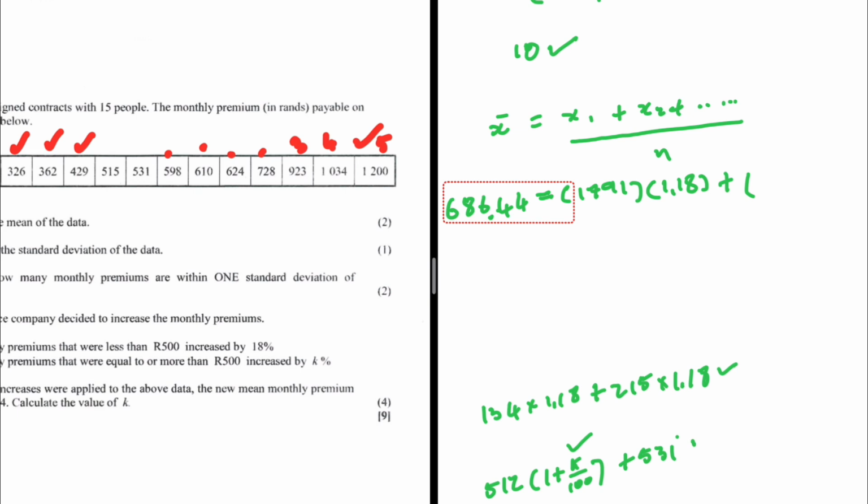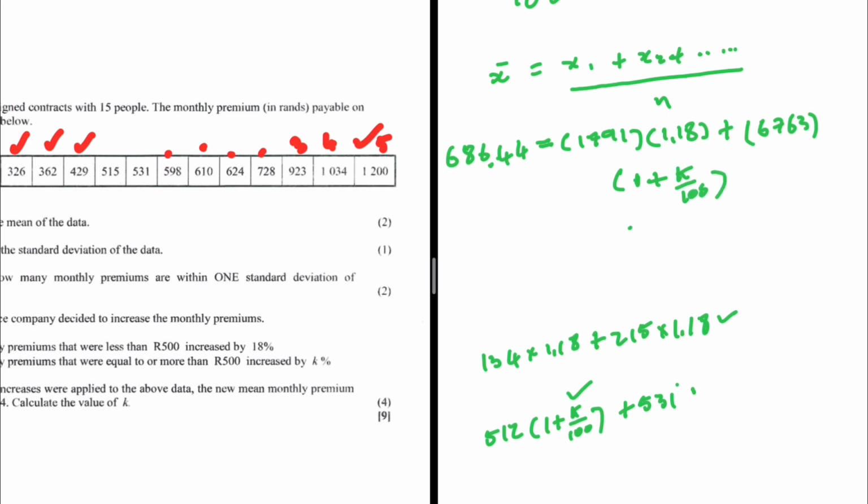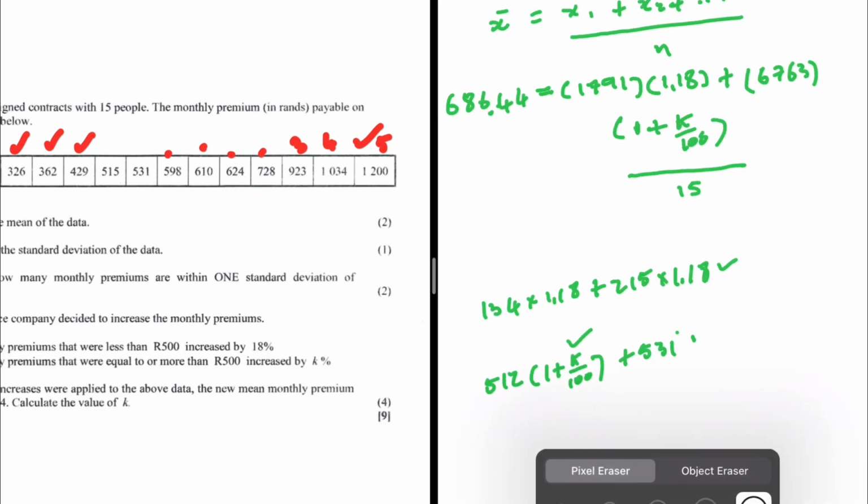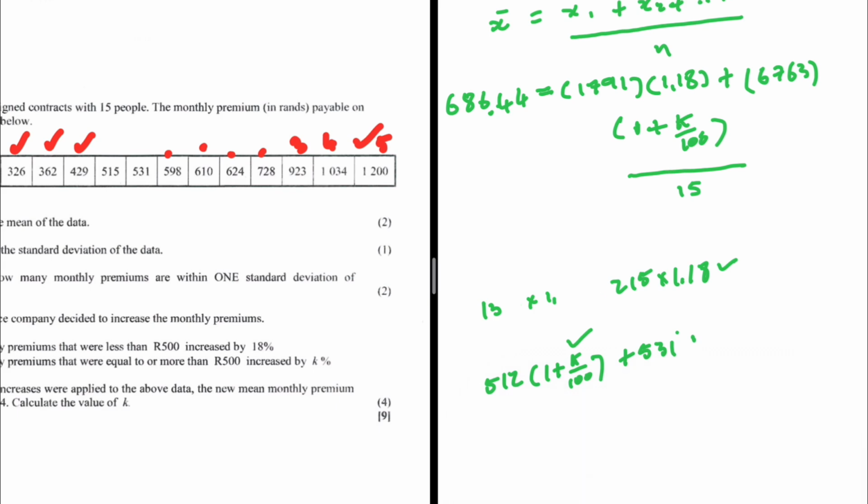Right, I'm getting 6,763. And then we are multiplying that bracket by 1 plus K over 100. There we go. And then we divide everything by n, which is 15. Okay, so let's work that out.